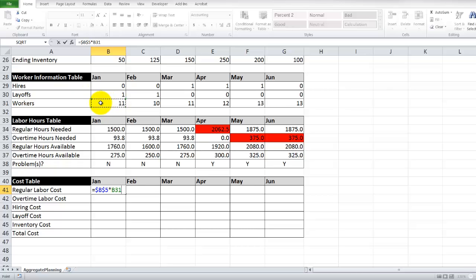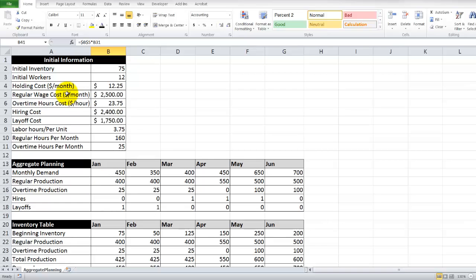Okay, so this is going to give us a total cost of $27,500. So this is like this because if actually we go back to the table, this is the regular wage cost per month per employee.